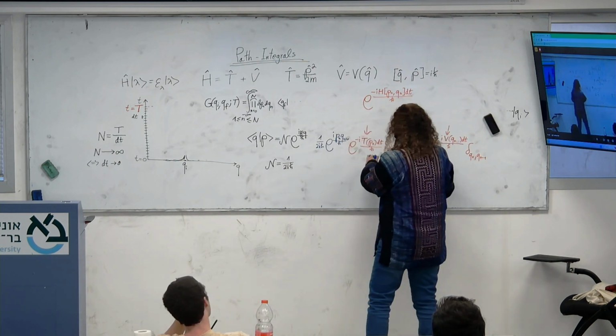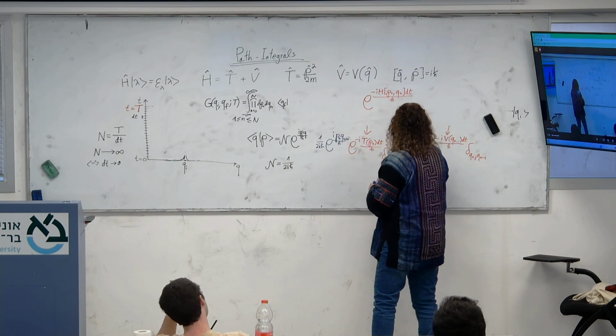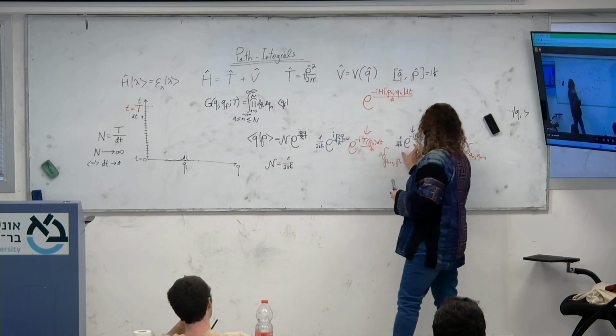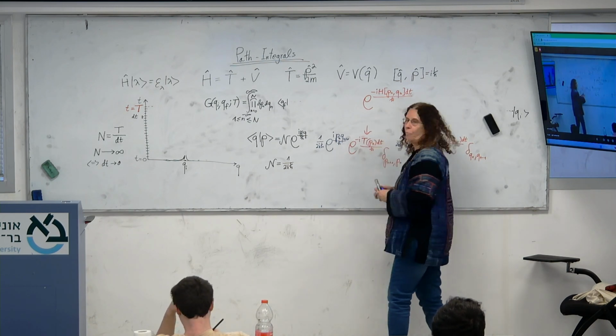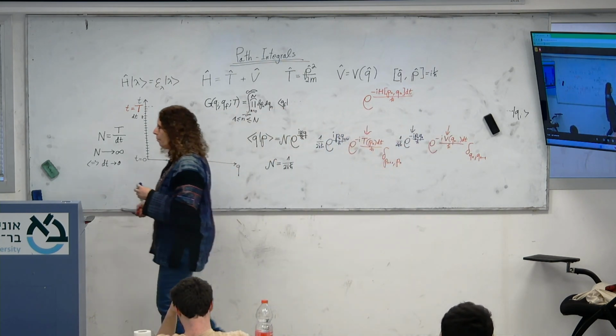And now this is multiplied by the product of these two exponents, so I'm now uniting them.